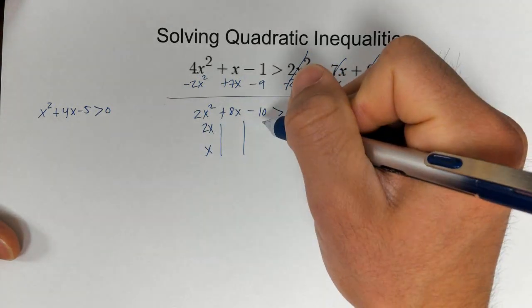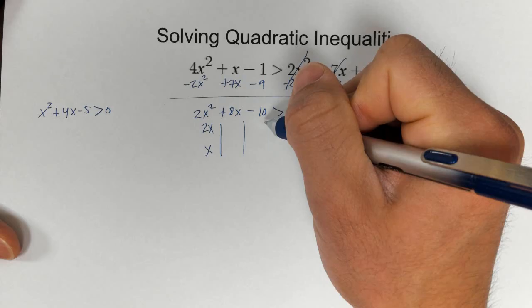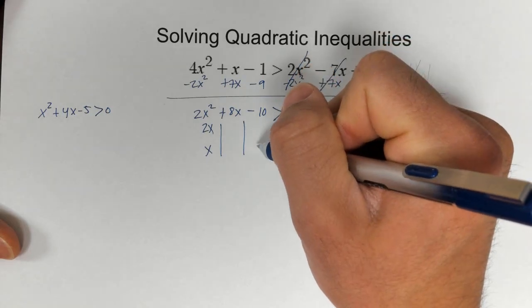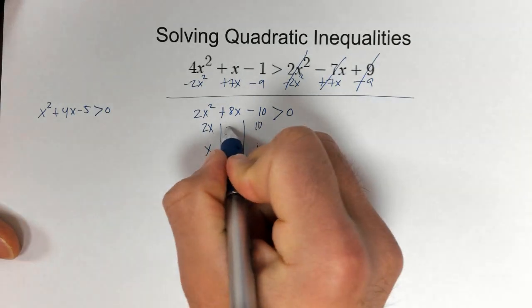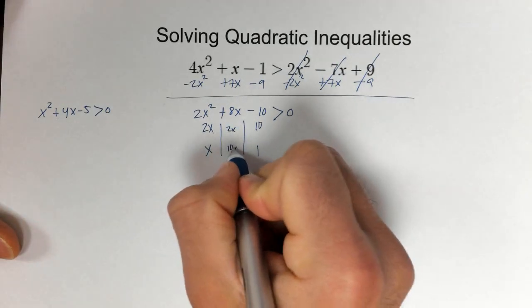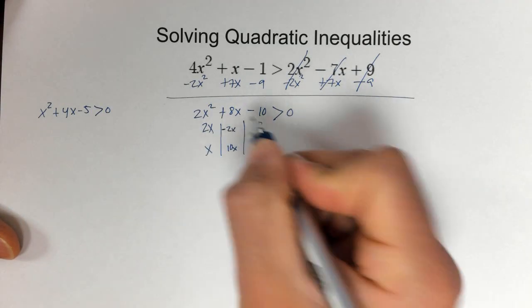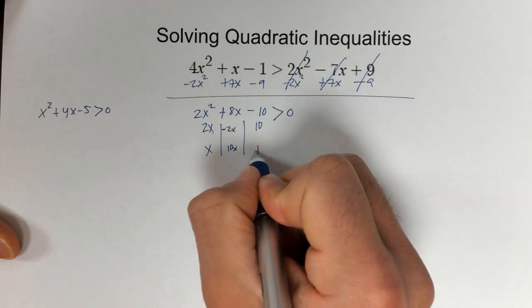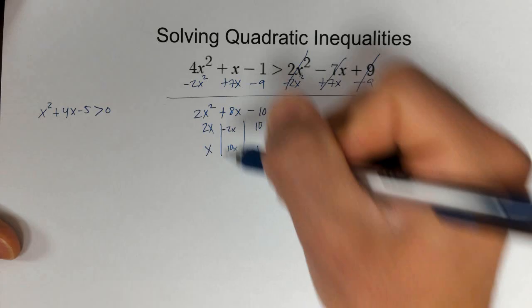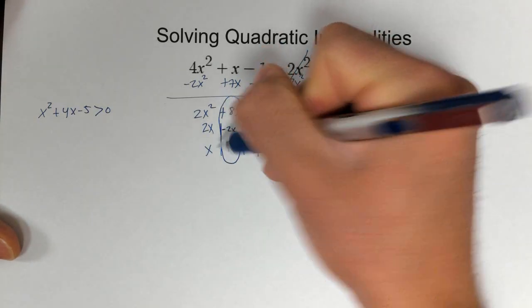Here I got, let's see, 1 times 10. When I cross multiply, I get 2x, I get 10x. In order to get an 8, I got to subtract the 2, which means this has to have been a negative, right, to get there. That's how we can get a 10 minus 2.